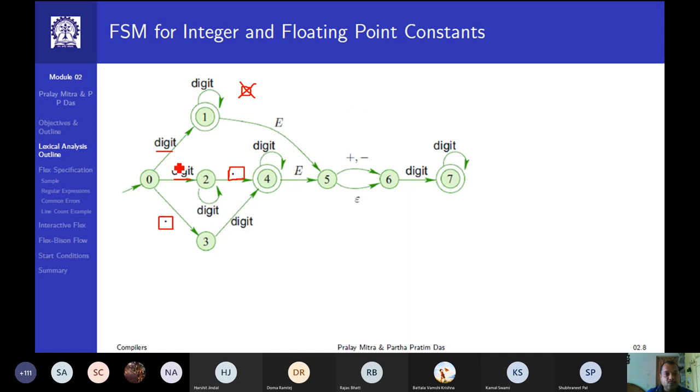Now, if I have an integer constant, say 1, 2, 3, what path to follow? For 1, I will come here, then there is a self loop for any number of digits, 2, 3, and I will be in state 1.